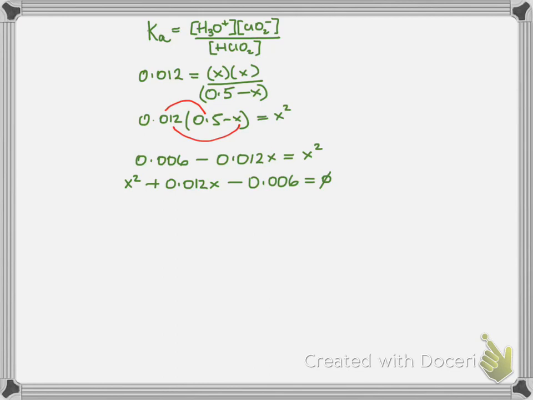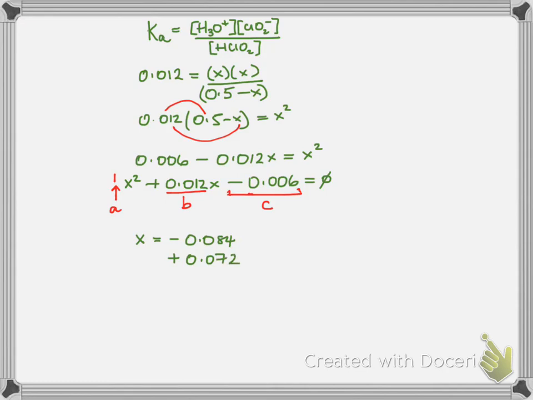So here is A, so there's a 1 there. This is B, and that is C. If we put that into the quadratic equation, it actually comes out to be x is equal to minus 0.084 and plus 0.072.